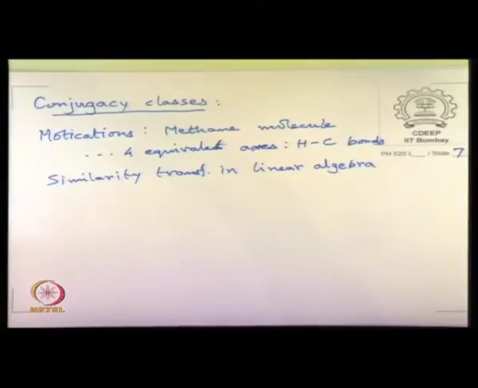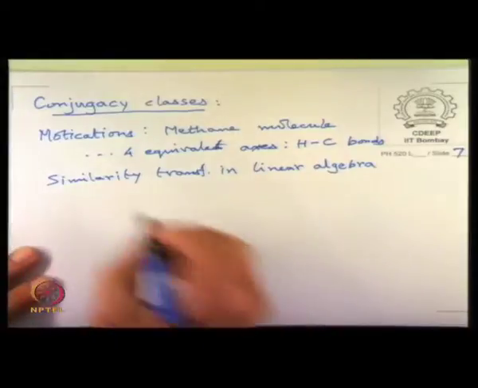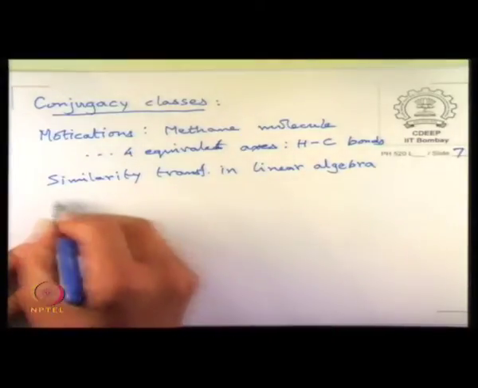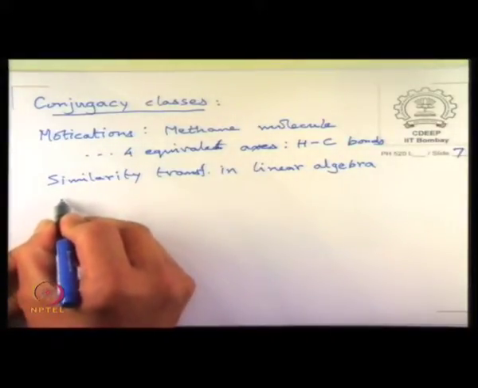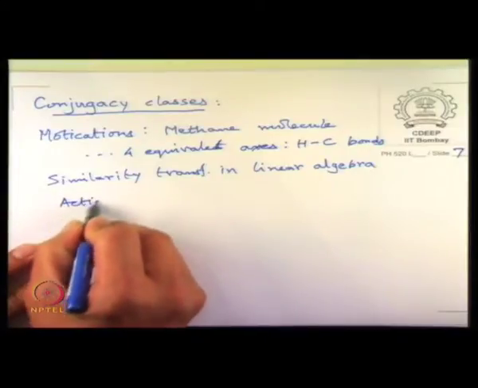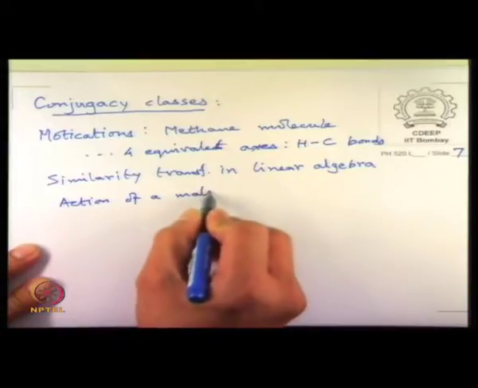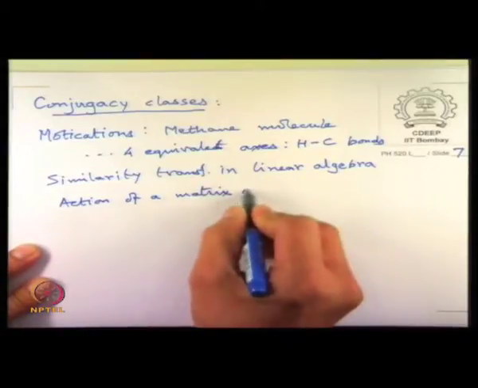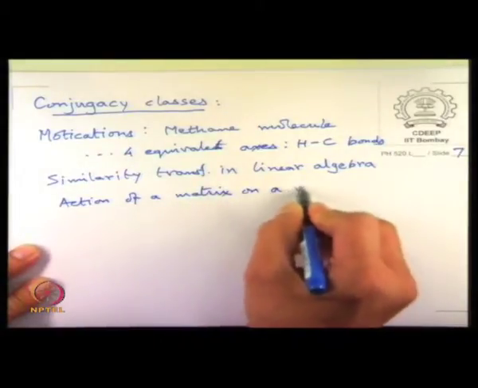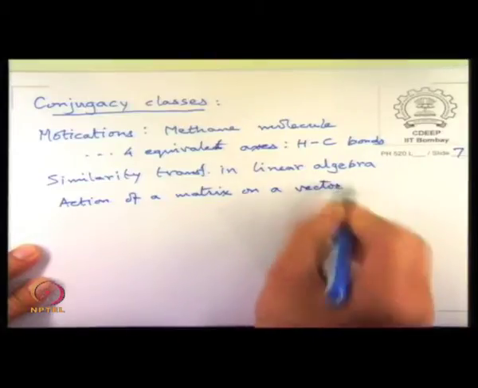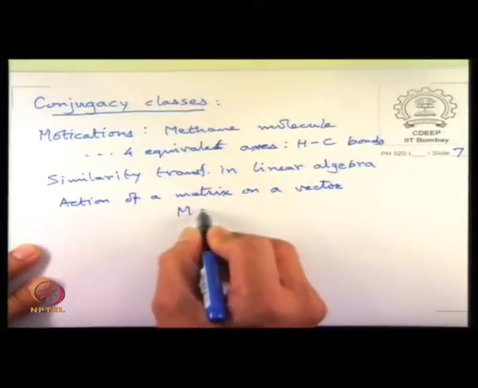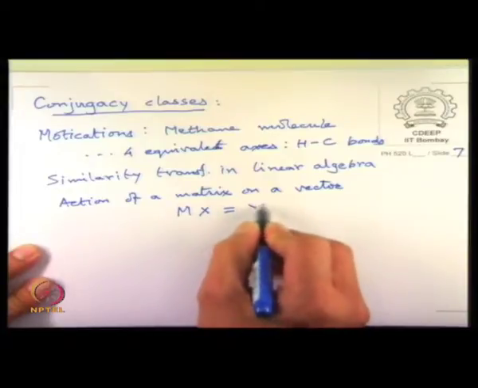which is where a linear transformation acts on a vector, a matrix acts on a vector. So the action of a matrix on a vector: suppose we have M times x equal to y.